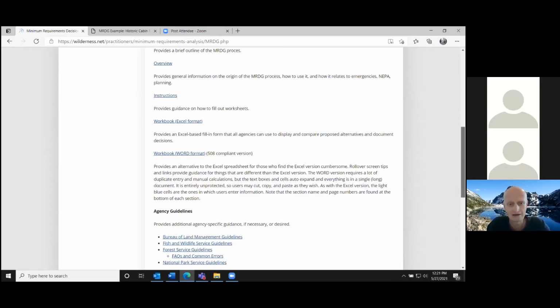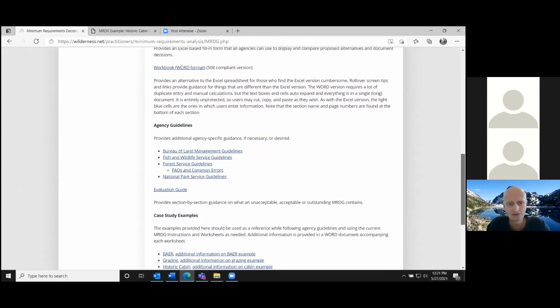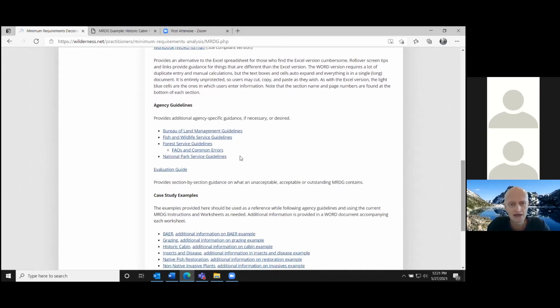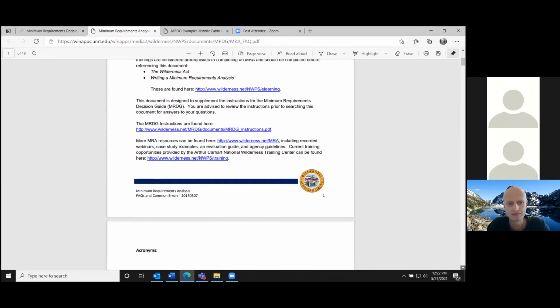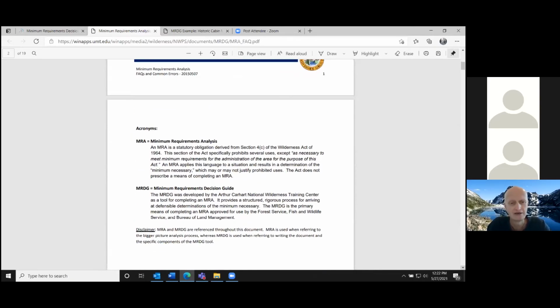All right, so I'm going to scroll down here under the Forest Service guidelines. We have this FAQs and common errors document. There we go. And this is pretty handy, and it does go through some questions you might have.